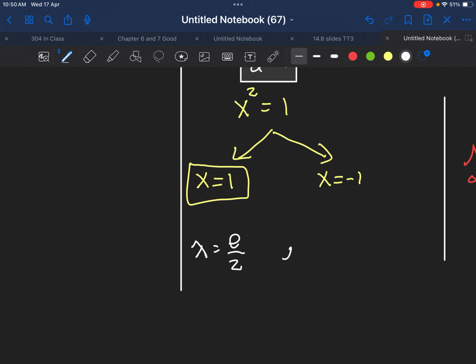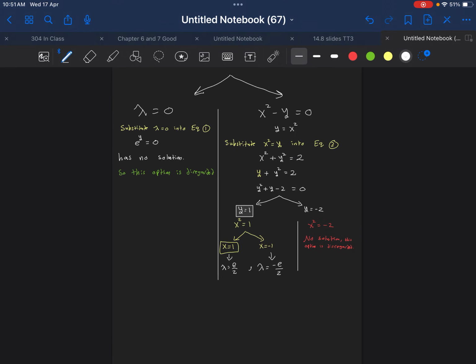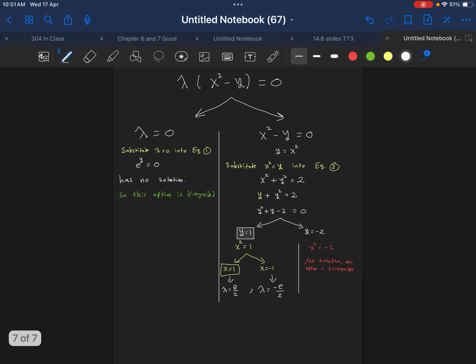And in this case, here we have lambda equal to negative e over 2. So we get the values for lambda by substituting in equation number 1. That's what we get so far. We followed all the branches and all the options, and the only answers we have are y equal 1, x equal 1, lambda e over 2, or y equal 1, x equal negative 1, lambda equal negative e over 2.